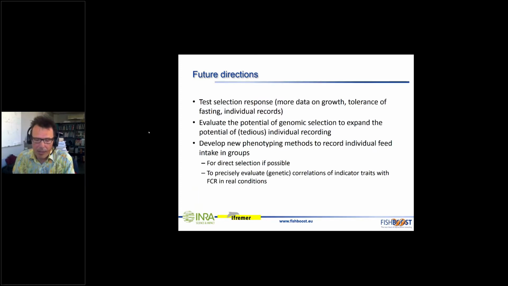Yes. Now, as I said, I think it really depends on the traits. But what we saw, it's one experiment for the moment. But we saw very high heritability values, 0.4 for FCR, I think 0.7 something for growth under restricted feeding, and around 0.8 for fat content in this situation.